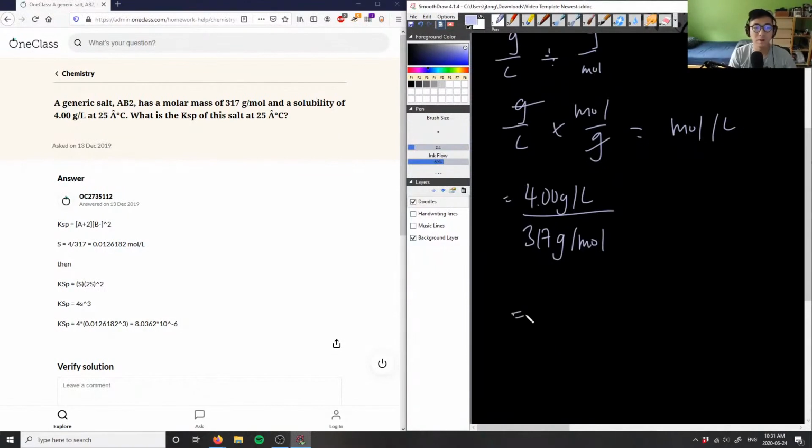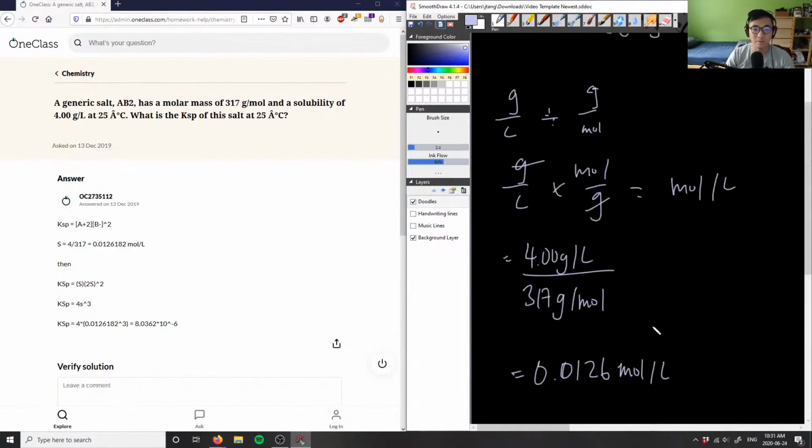So 4 divided by 317 equals 0.0126 moles per liter, our concentration.